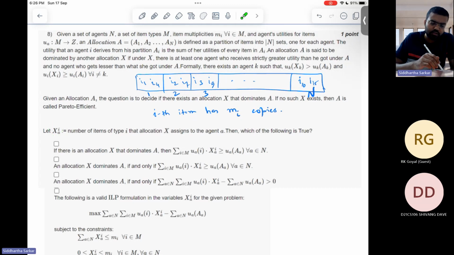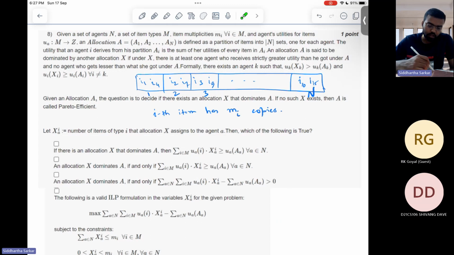So let's define some variables. The number of items of type I that allocation X assigns to an agent A is denoted by X sub A super I. So X sub A super I means that the agent A is receiving items of type I under the allocation X. Then we have to answer a couple of questions.